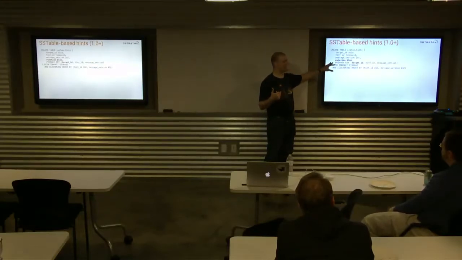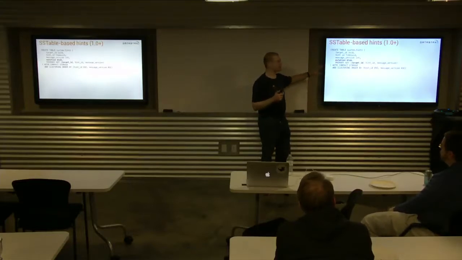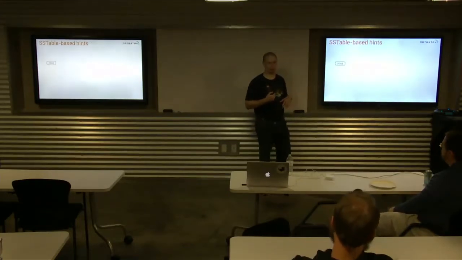The problem is that the trade-offs that SSTables make are not really optimized for hints. SSTables are designed to give me random access on reads, which we don't do with hints. They're designed to allow me to update pieces of a row, which we don't do with hints. So SSTables are overkill in a way that harms our performance.